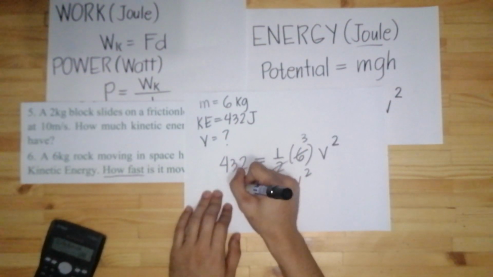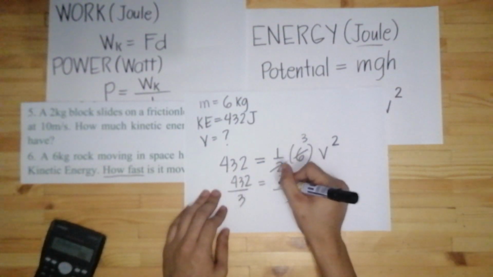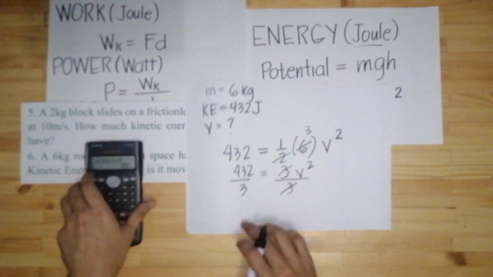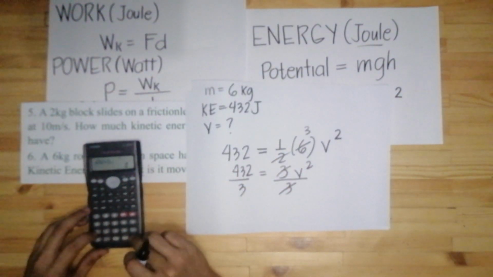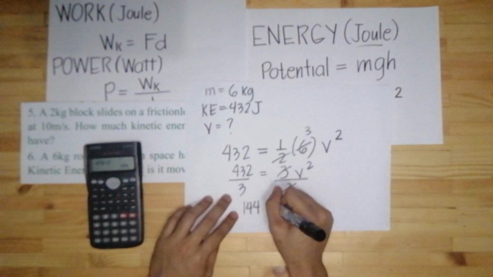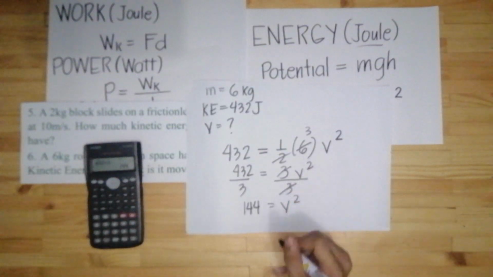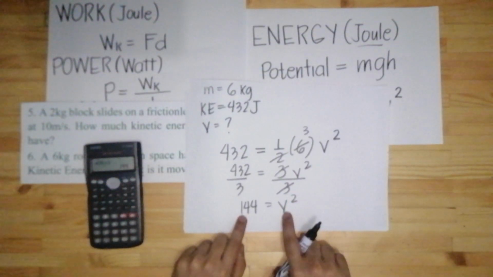Okay, then copy 432. Divide both sides by 3. Cancel. 432 divided by 3. Compute na natin. 432 divided by 3. That is equal to 144. Equals V squared. This is not yet the final answer because we still have to get the square root of both sides.